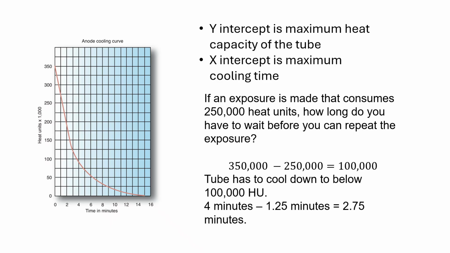So you have to know where your start point is. That would be y equals 250, and then extrapolate that down to the x-axis to get your starting cooling time, and then what your target is under 100,000, and that would give you your ending cooling time, and then you take the difference of those cooling times, and that's the amount of time you need to move that many units on the entropy curve, that many heat units.